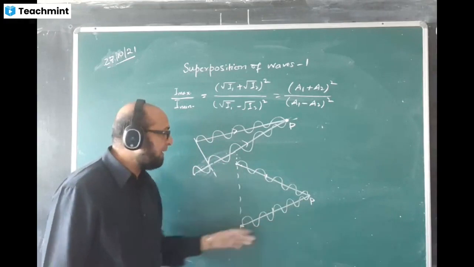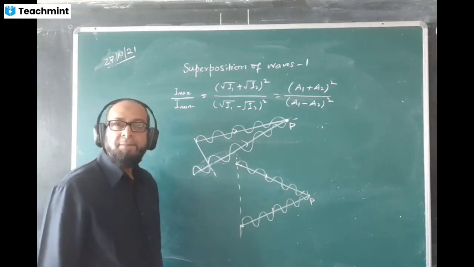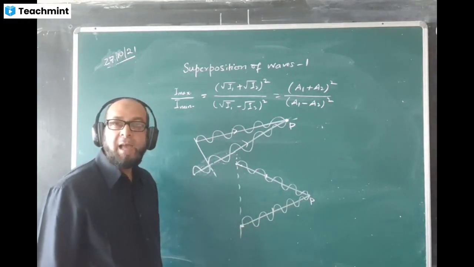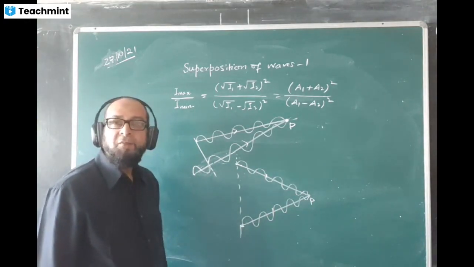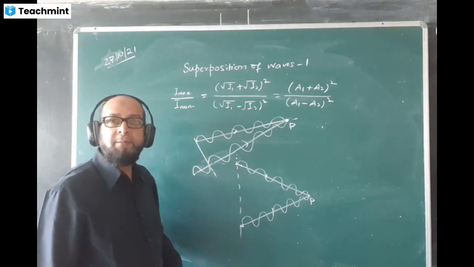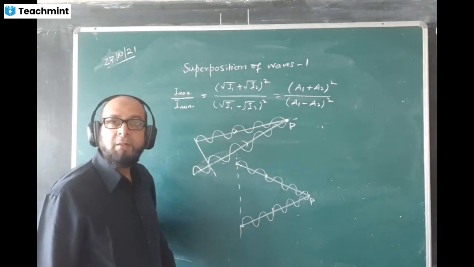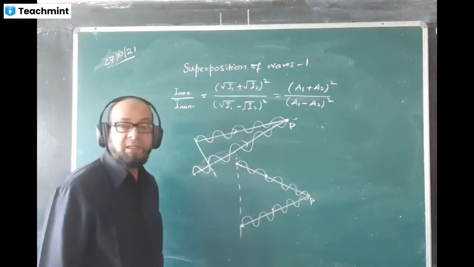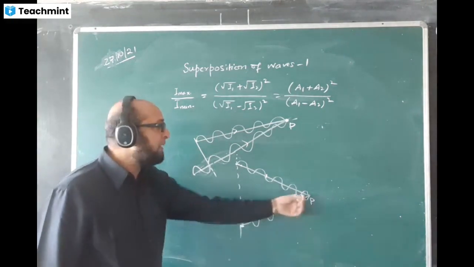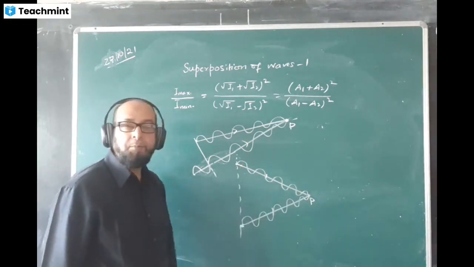They are having same length, so there is no extra angle. That means 0 degree. Angle between them is 0 degree. They are in the same phase. When the angle is 0 degree, what do you get? You get maximum or minimum? Maximum. So this point will be a maximum point. Here the amplitude of the intensity is going to be maximum.